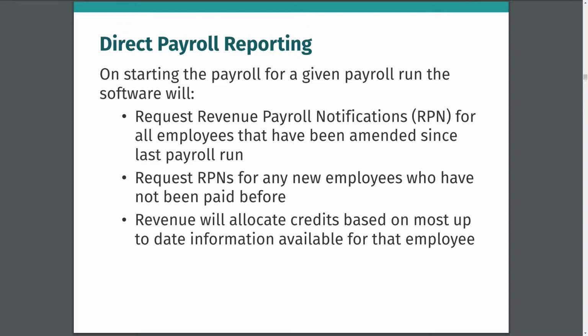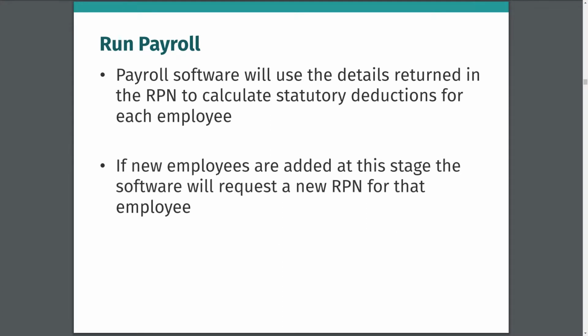Revenue will then allocate the credits based on the most up-to-date information available for each of those employees. The payroll software will use the details that we have returned in the RPN to calculate the statutory deductions for each employee. And if new employees are added at this stage, the software will once again request a new RPN for that employee.